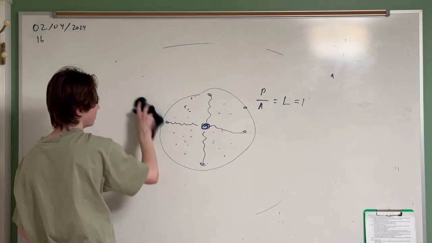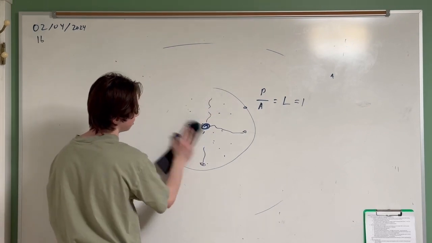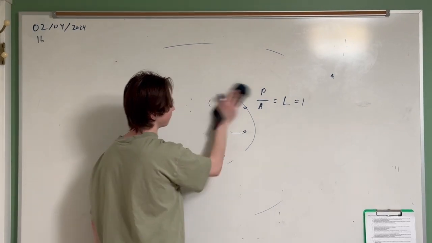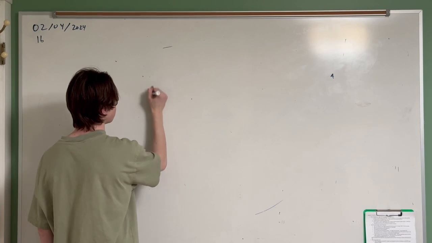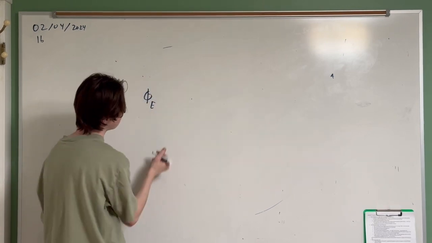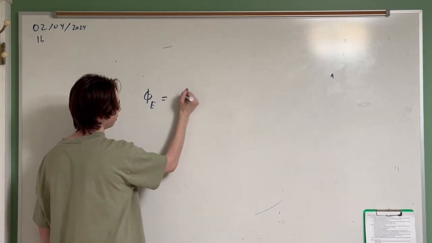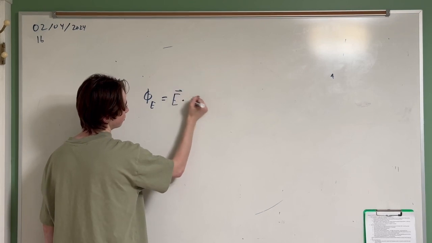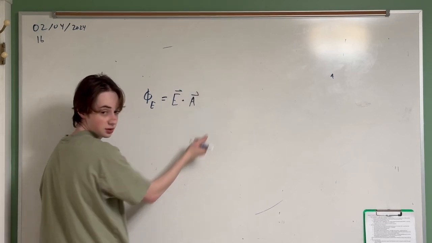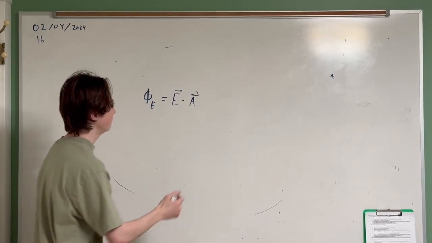So electric flux is a total amount of flow of electric field. Electric flux is equal to the dot product of electric field times area for a small amount. It's easy enough.